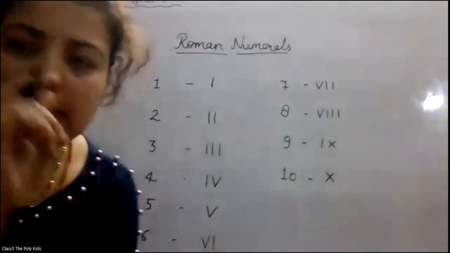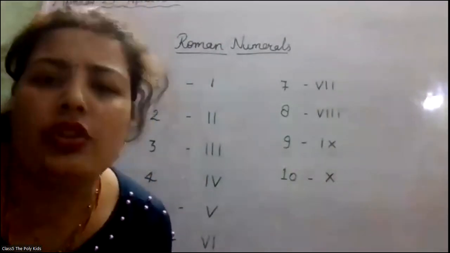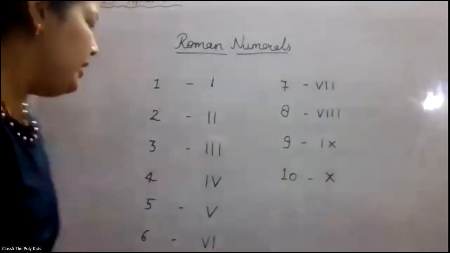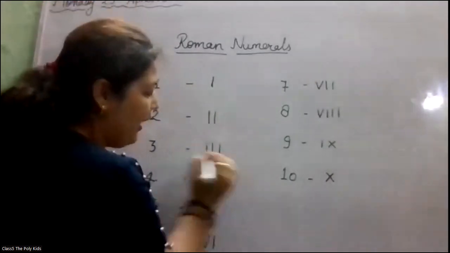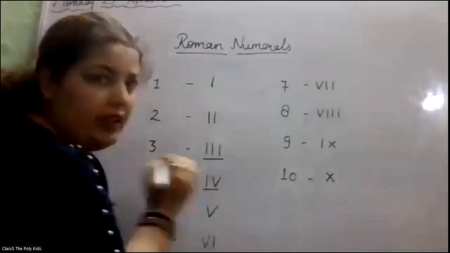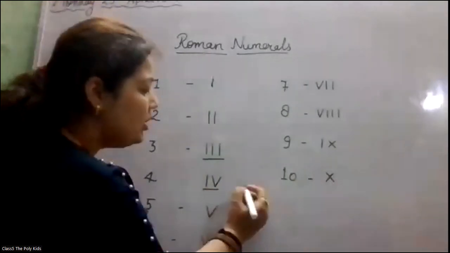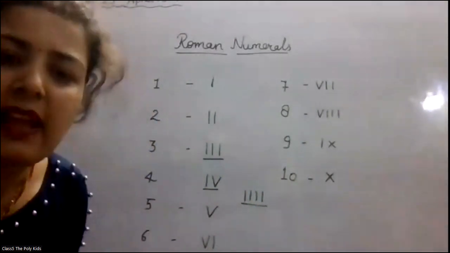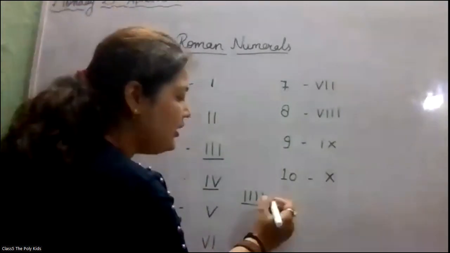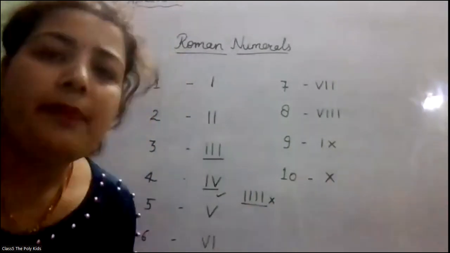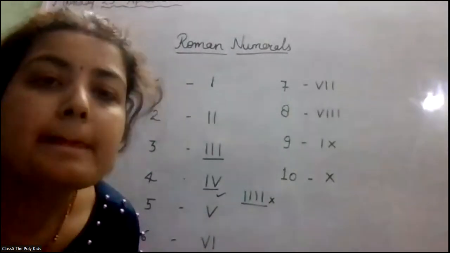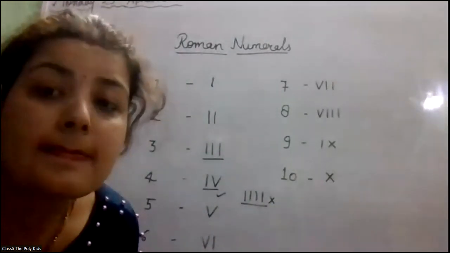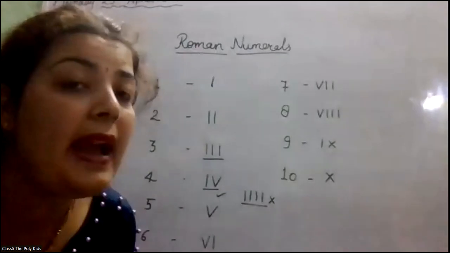So, I want to ask you one question. Can you tell me why after III it is IV? Ma'am, because V is 5, V minus 1.